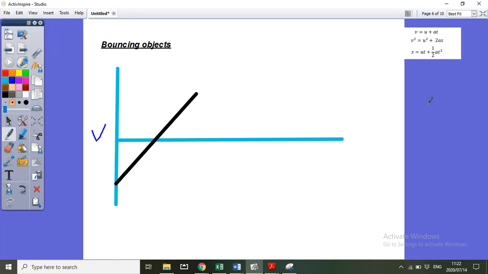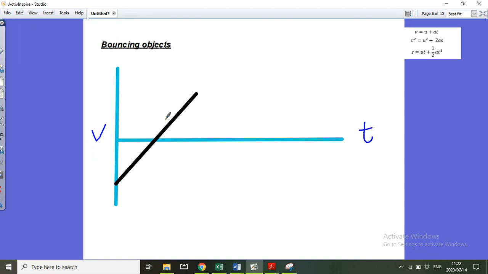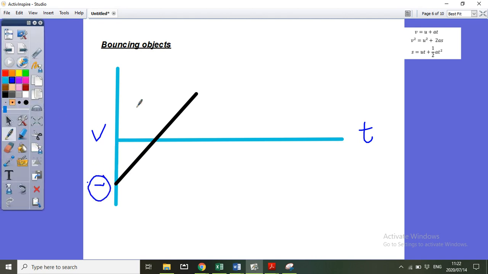So please remember, even if it's a sketch graph that you have to draw, you still have to label your axes. So it starts with the velocity, and we decided that up is negative here because we started with a negative velocity. So up is negative.